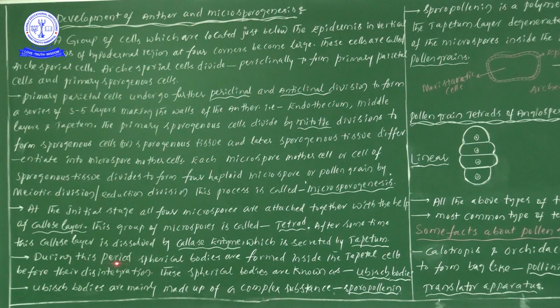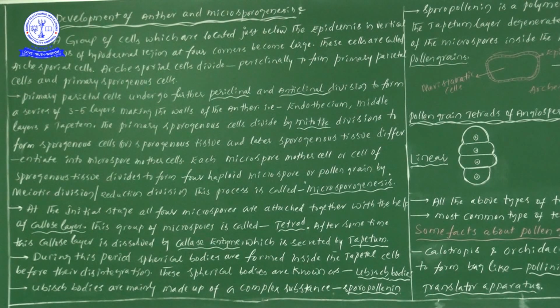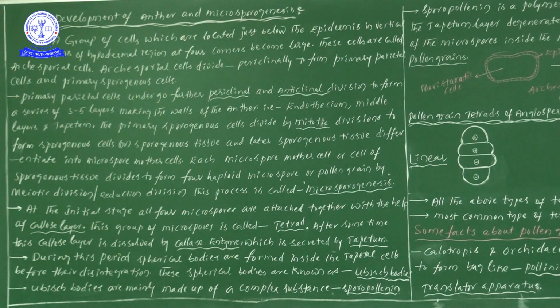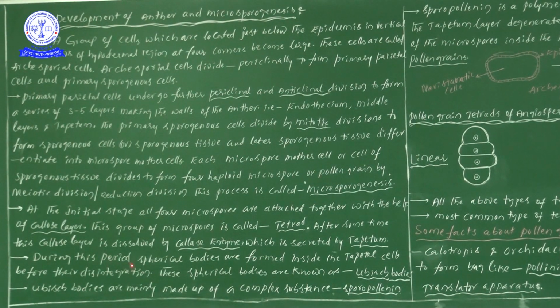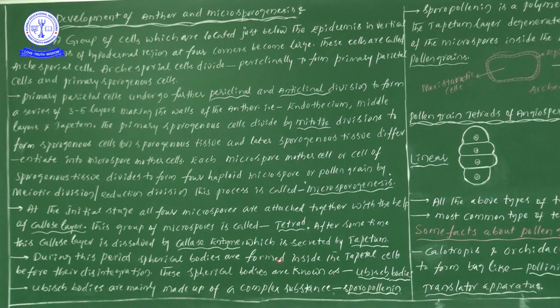Now during this period, starting from the archesporial cells till the generation of pollen grains, while this process is going on, what is going on? During this period, spherical bodies are formed inside the tapetum cells.